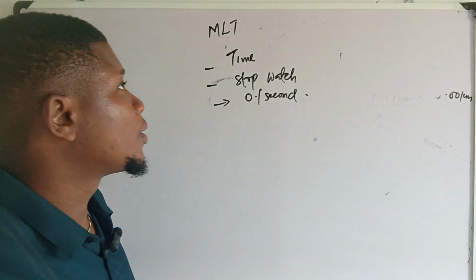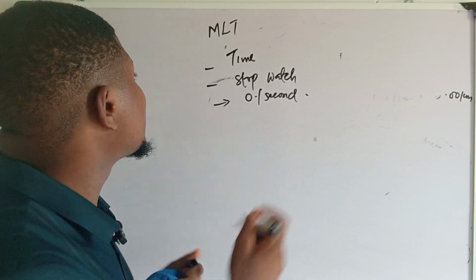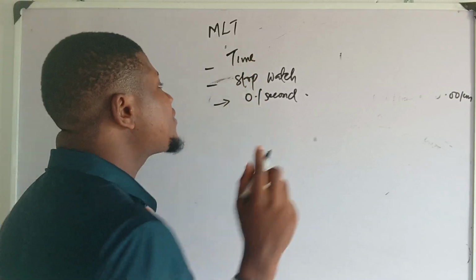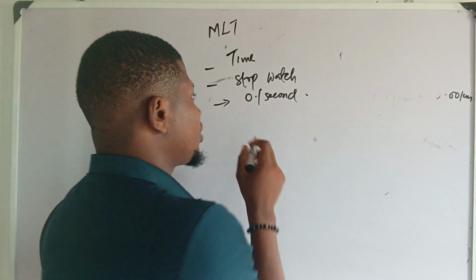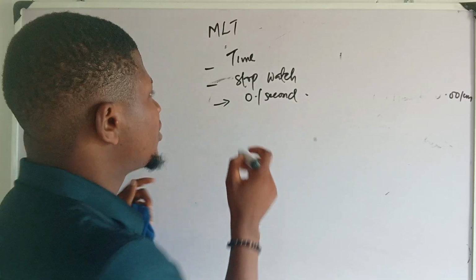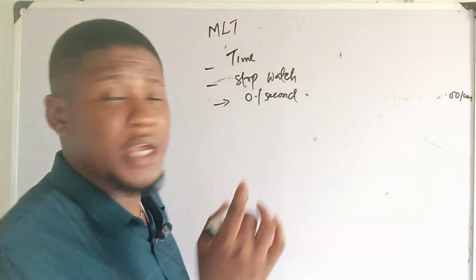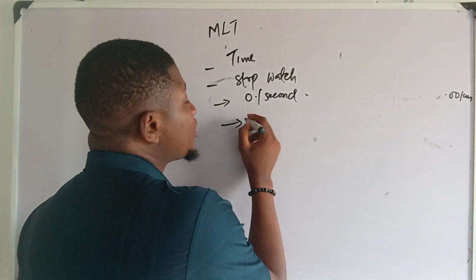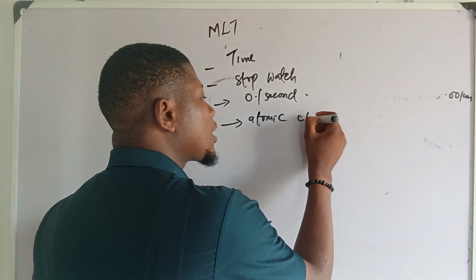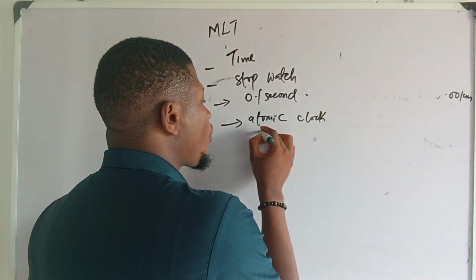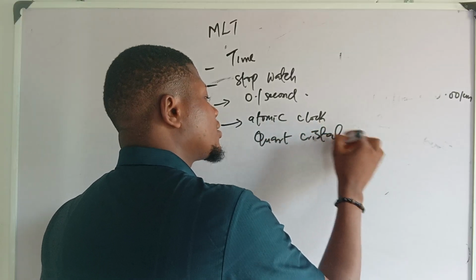Then the next thing here is time. We have two clocks that are more accurate than the stopwatch: an atomic clock and a quartz crystal clock.